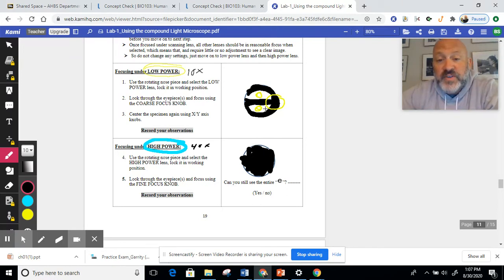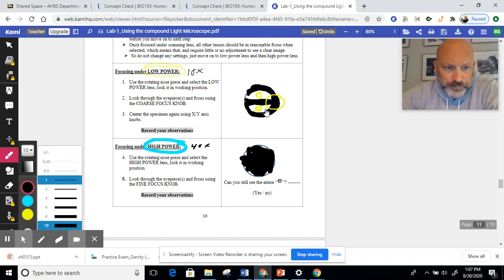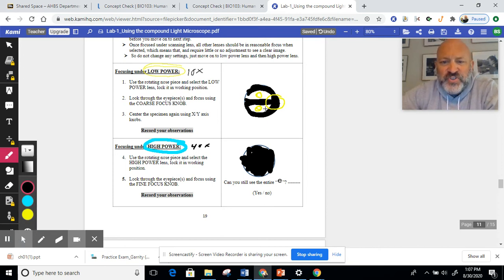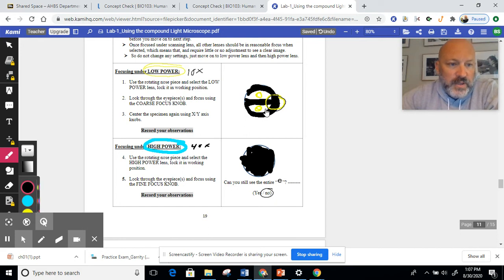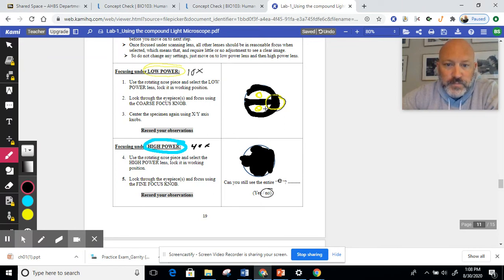So you'd really be zoomed in on the ink. And this question is even asking, can you still see the entire E? And the answer is no. I'm only zoomed in on a certain part, right? It's not recognizable as a letter E anymore. It's just like I'm zoomed in on ink.